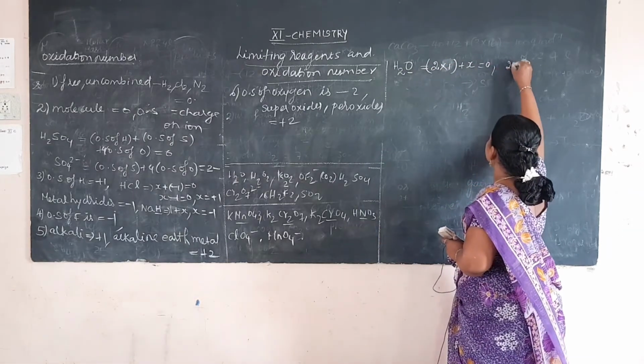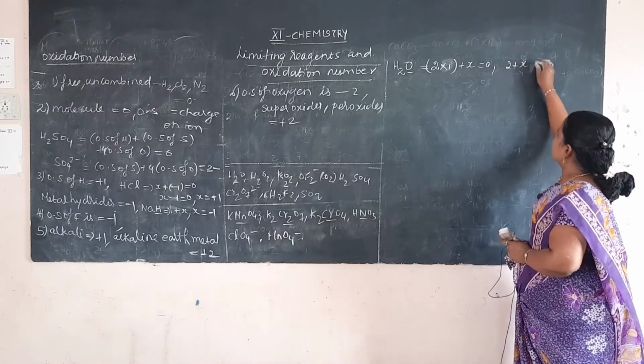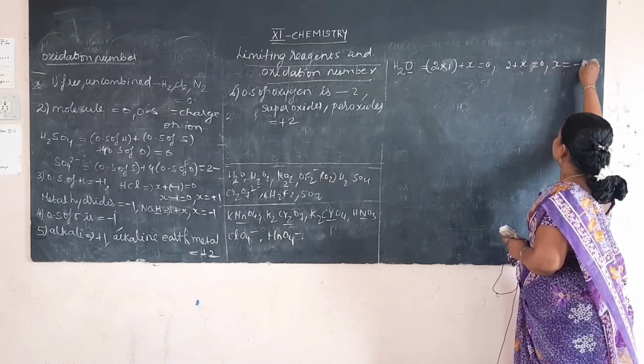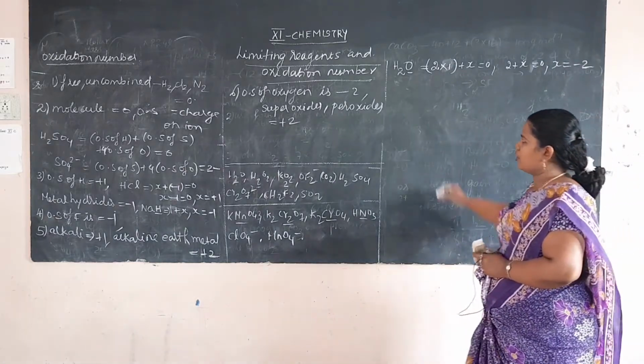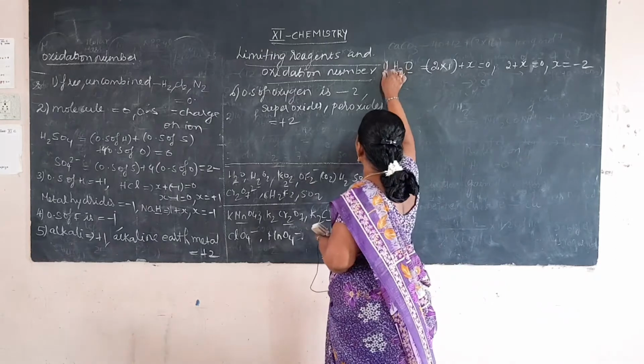Then 2 plus x equals 0, so x = -2. So for oxygen it is -2. You can write that down, numbering this as the first compound.